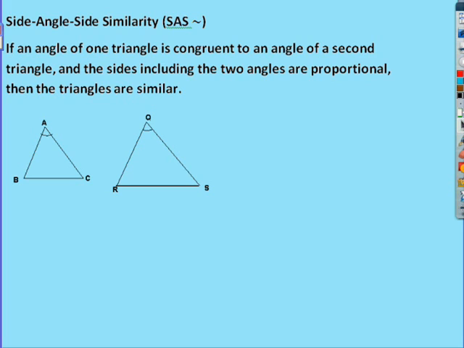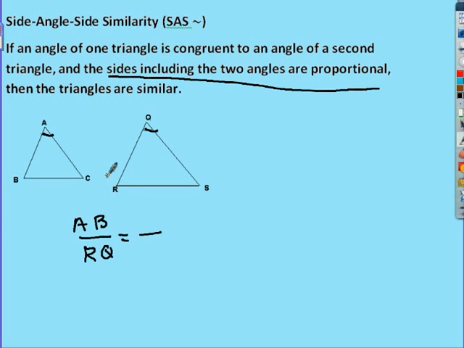So we have to add a little bit to this picture. So I know that this angle is congruent to this angle. That's great. We have to have at least one set of corresponding angles congruent. So here's the key part. The sides including the two angles are proportional. So that means that AB over RQ is going to equal the ratio of AC over QS.